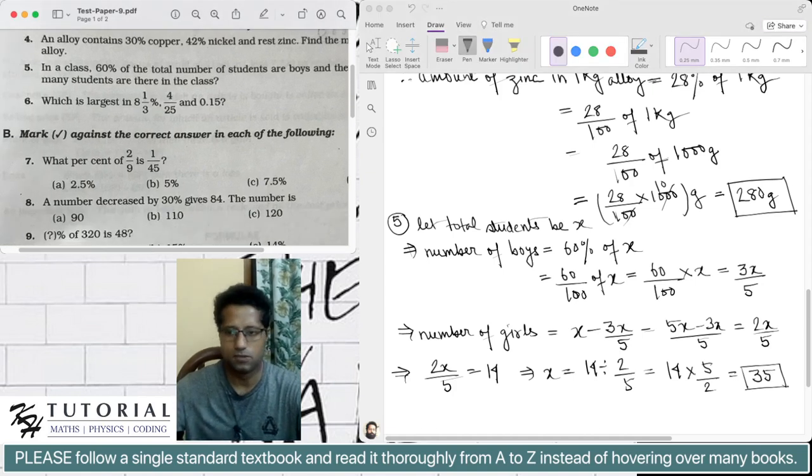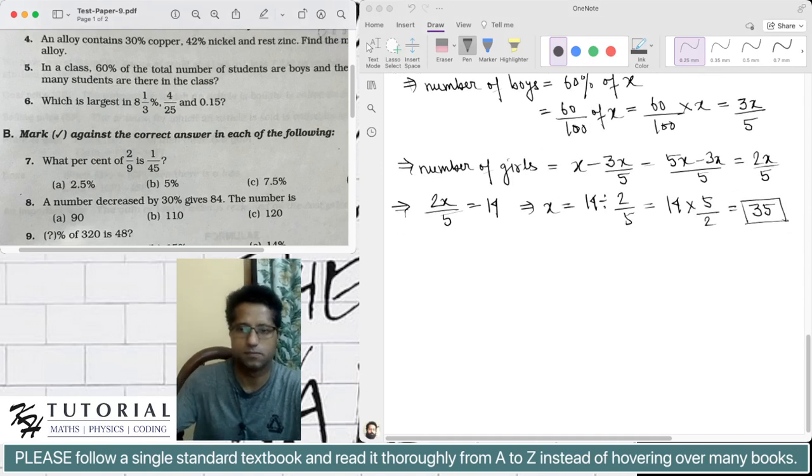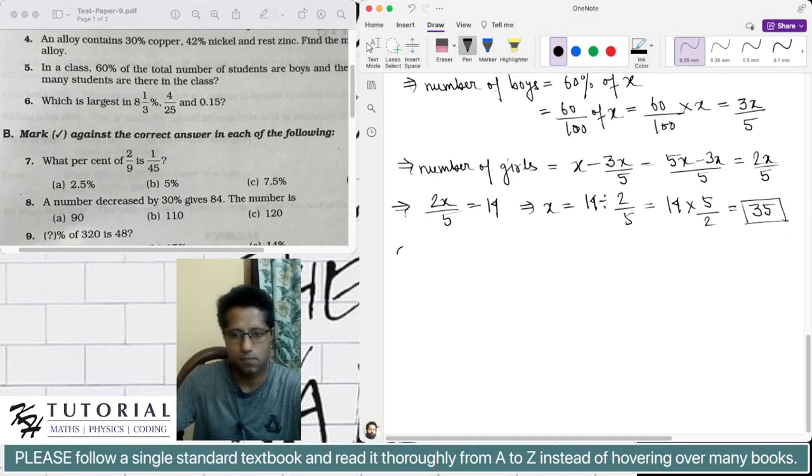Okay, let's do problem number 6. Which is largest? We have to compare three numbers which are given as a percentage, as a fraction, and as a decimal. So 8 and 1 by 3 percentage, comma 4 by 25, and the decimal is 0.15.